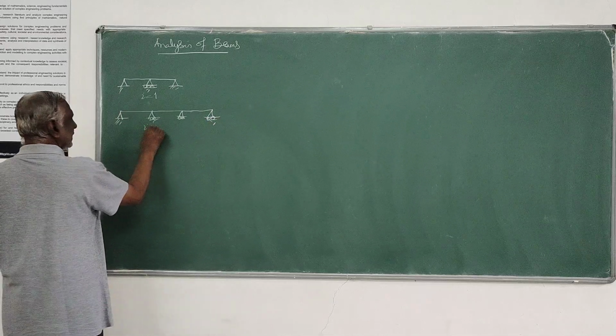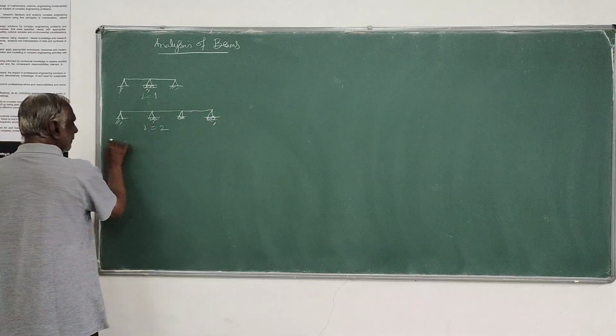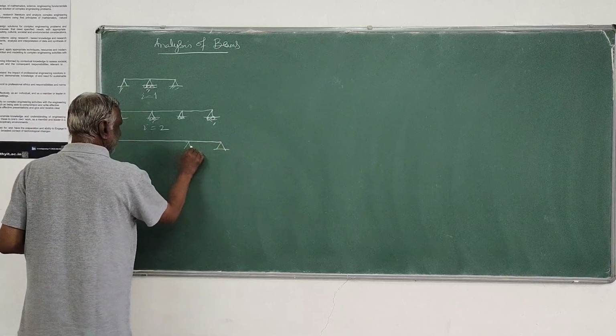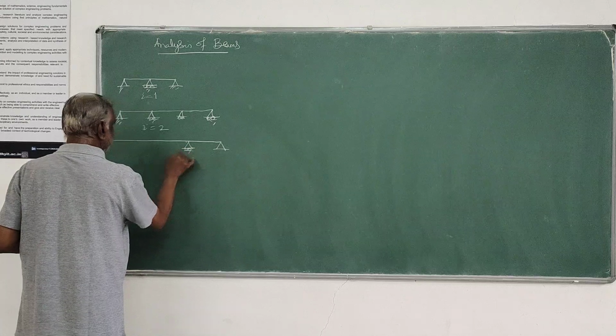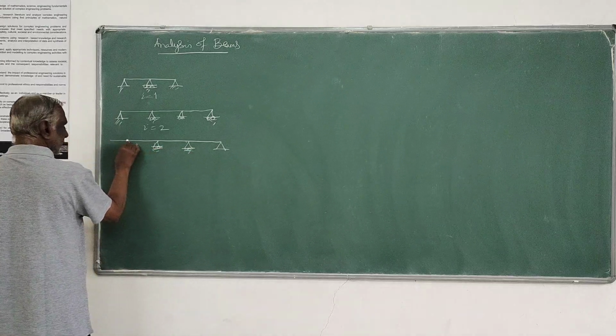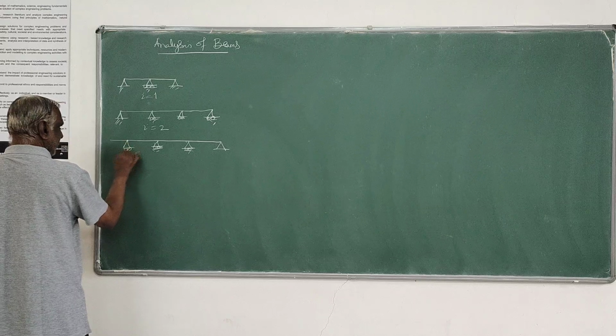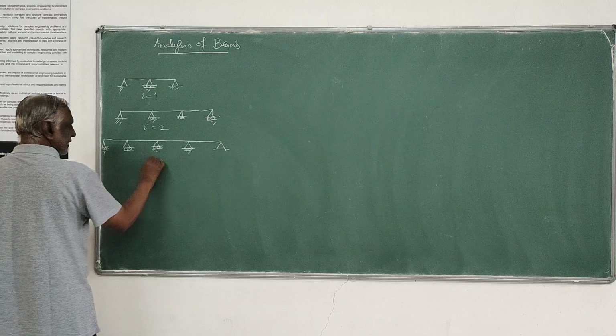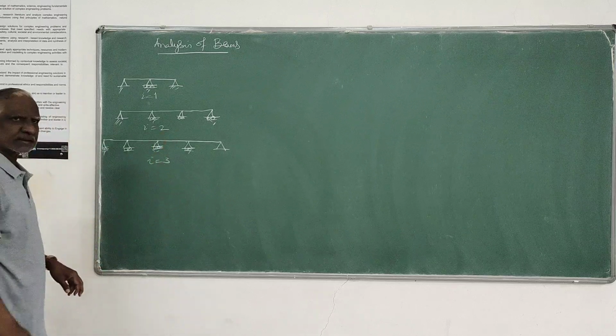Here degree of redundancy is 2. Maximum another 1 more span beam, which are all simply supported at the ends, you may get, that's all. So this is another type of problem you may get. This is degree of redundancy 3.